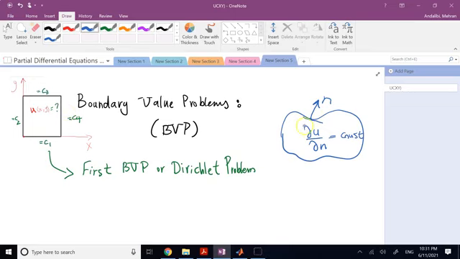If it's a potential field, then this is going to be like the fluid flow rate, okay? So it is the change of that variable along that direction. It's the flux of that variable along that direction.